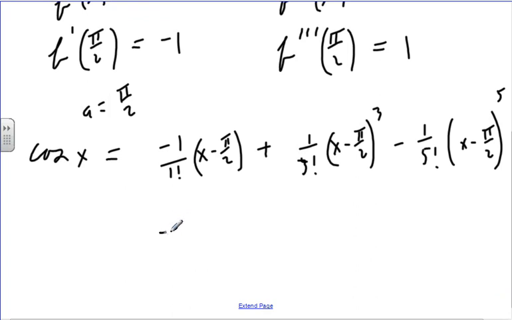And then I'll throw in another term, plus 1 over 7 factorial x minus pi over 2 to the 7th. Minus, and I continue on the same pattern.